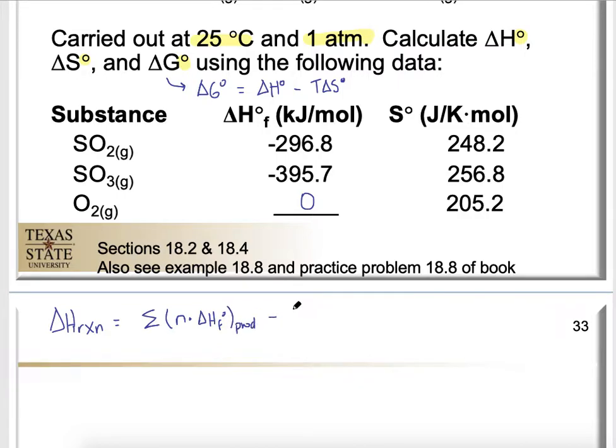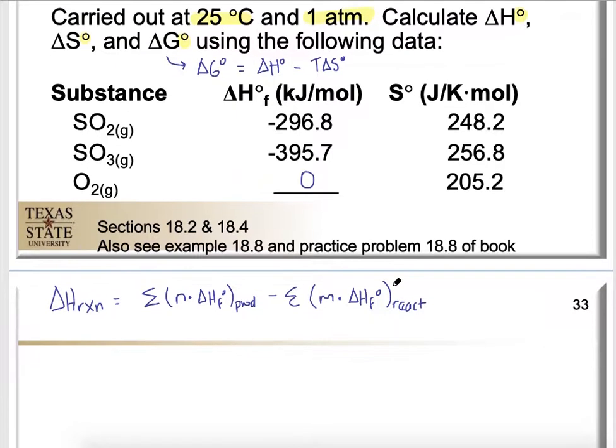And to that, we're going to be subtracting the sum of the coefficients, which I'm going to call M, for my reactants, times the delta H of formation at standard conditions for each of the reactants.